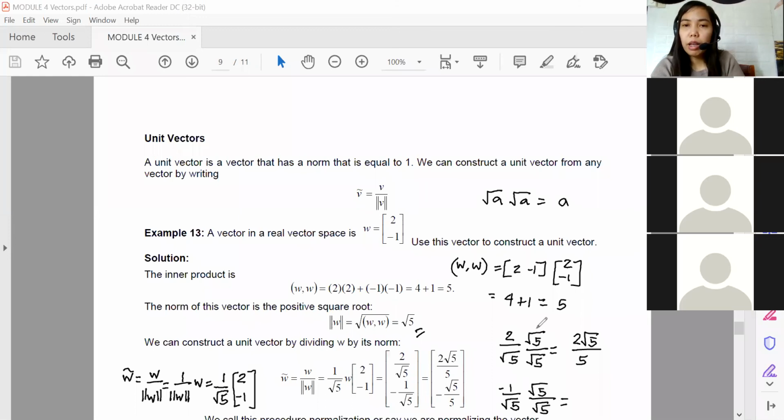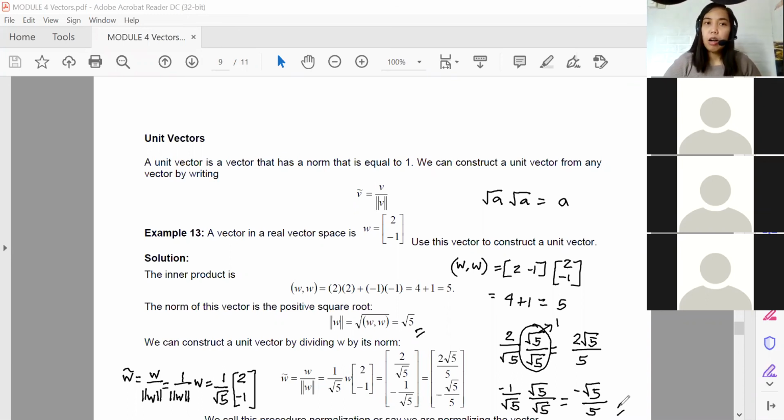Bakit tayo nag-multiply? Kasi ito, class, ay equal din naman sa 1. Ibig sabihin, same lang ng given. Ginagawa natin to para mawala ang radical symbol. We rationalize. So we will have negative square root of 5 over 5. Nagawa naman natin yun sa trigo, di ba?